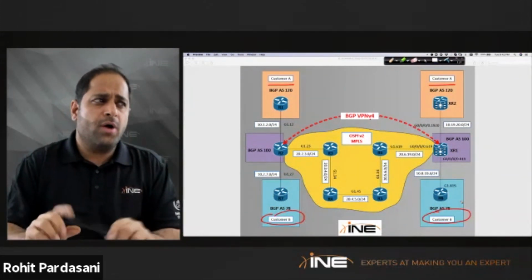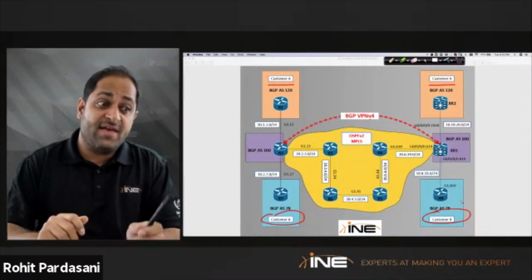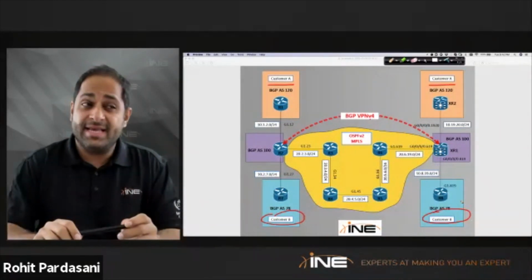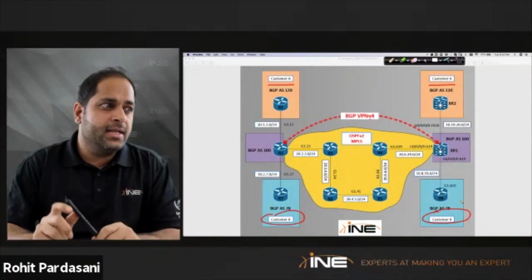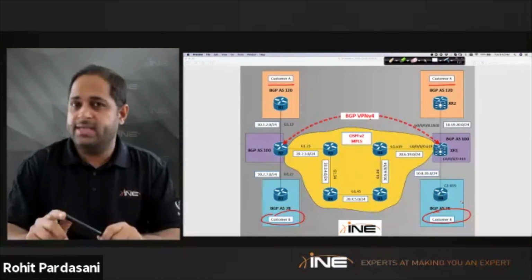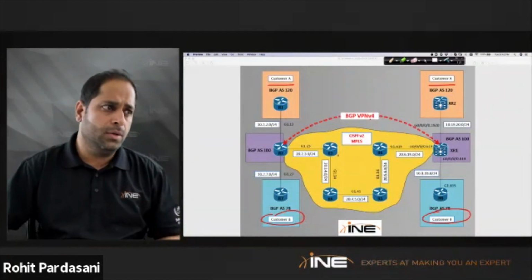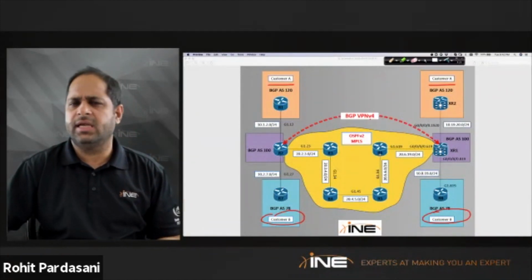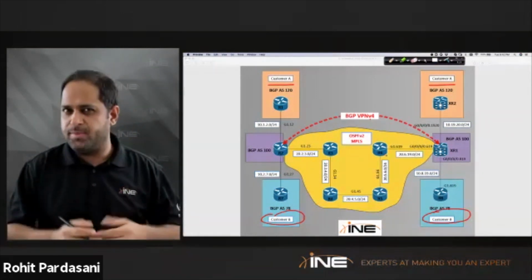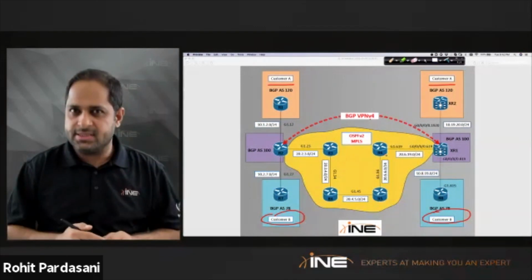Now, router 1 is an IOS XE, router 7 and router 8, which again are customers, are IOS XE, and the ISP is also running IOS XE except for XR1 and XR2. So all of these routers are basically IOS XE. The commands are a bit different between the XE and the XR, but the concept is still the same.